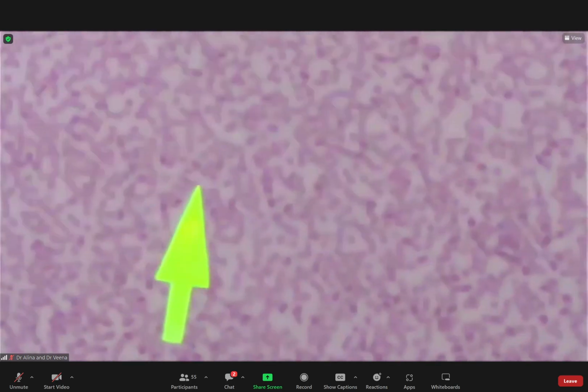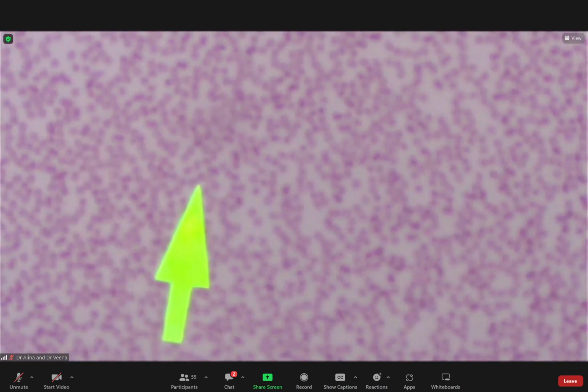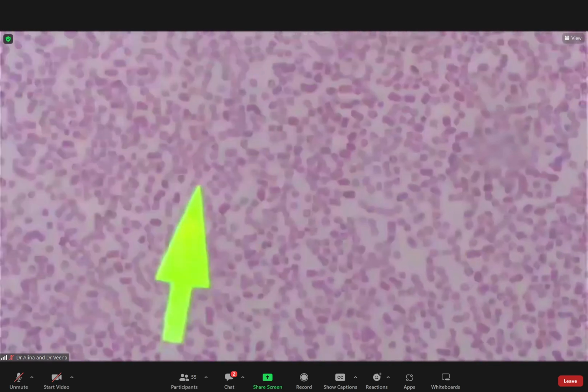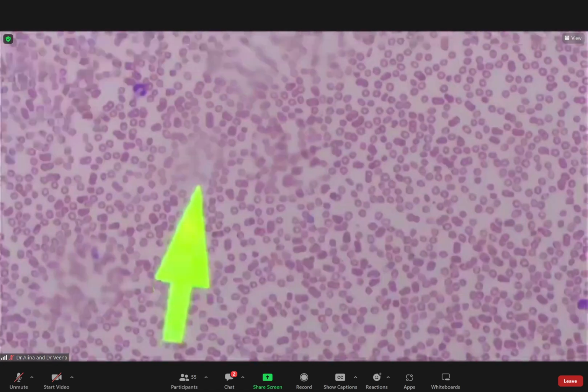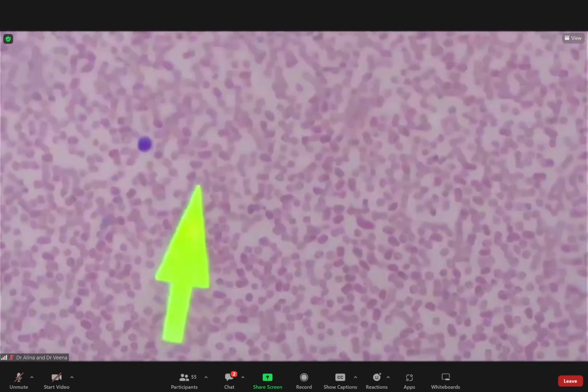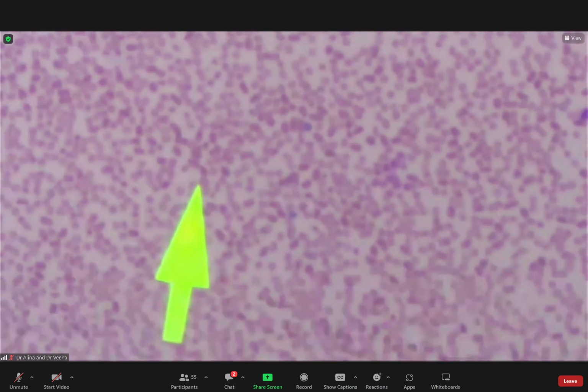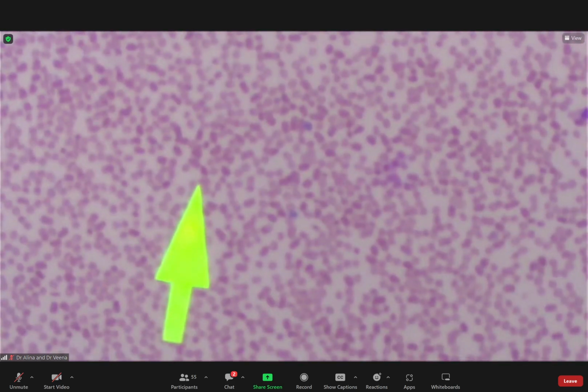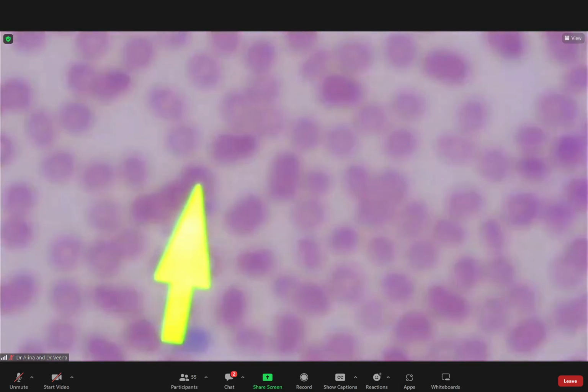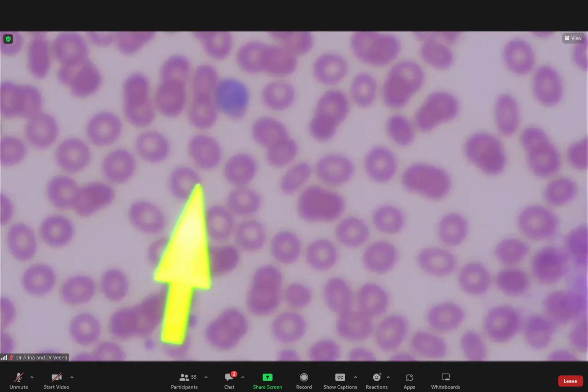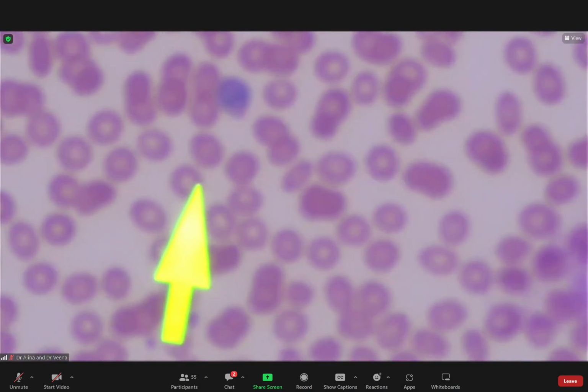When we look under low power, you can't really appreciate much. The anemia is mild. There's thrombocytopenia in the background. But when you go higher power, you start to see cells like this.